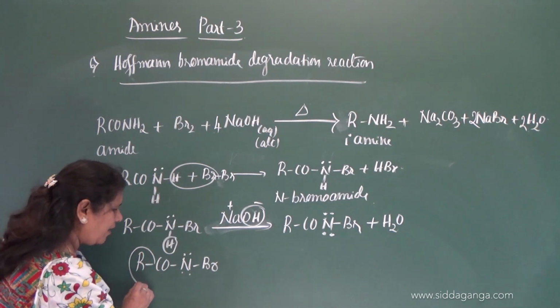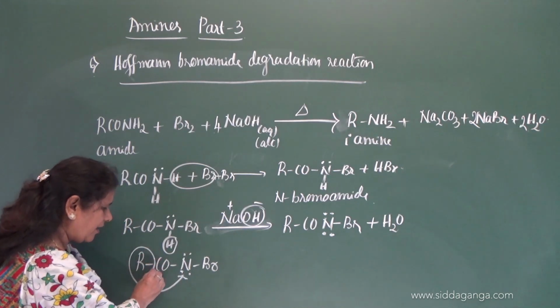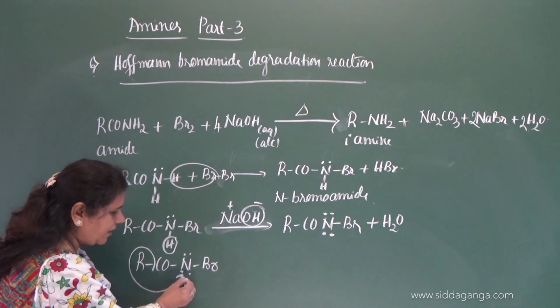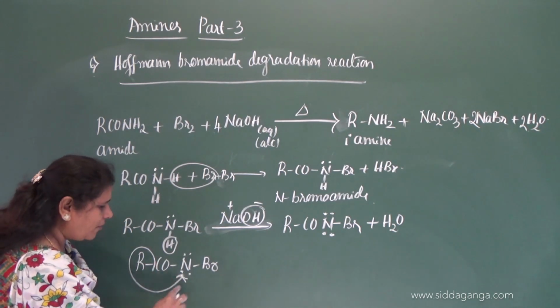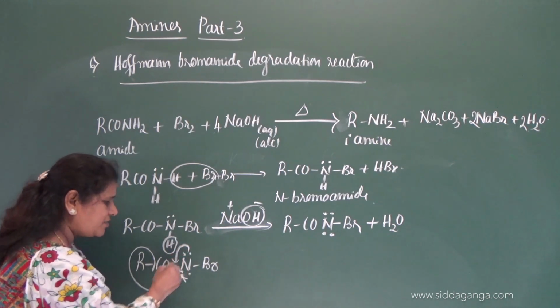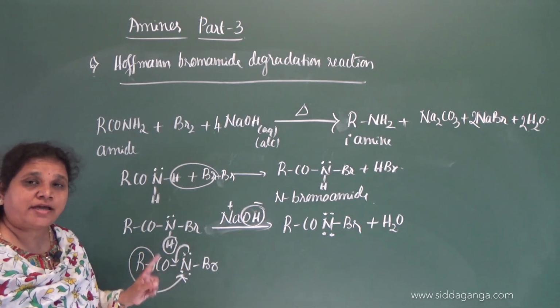Migration of this alkyl group takes place from carbonyl carbon to nitrogen, so that it forms a bond with the nitrogen, and simultaneous delocalization of the lone pair of electrons takes place, because nitrogen is trivalent.